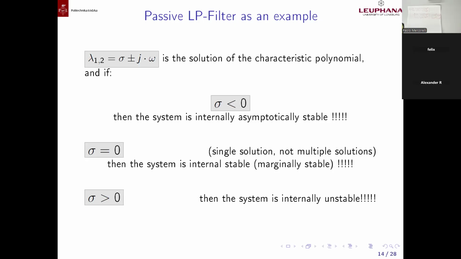This means we have plus j omega or minus j omega. These are two single solutions, just to understand what I intend. We say that the system is marginally stable. I don't know if I told you about that.